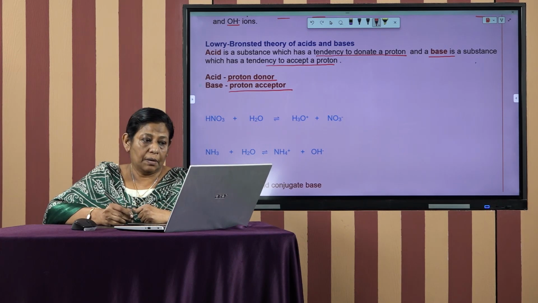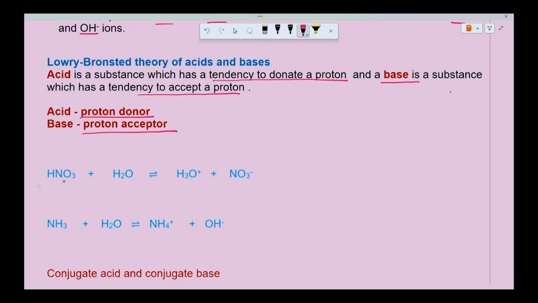Now, let us see an example. We all know HNO3 is an acid, and when HNO3 is treated with water, HNO3 donates a proton to water, and water changes into H3O plus.